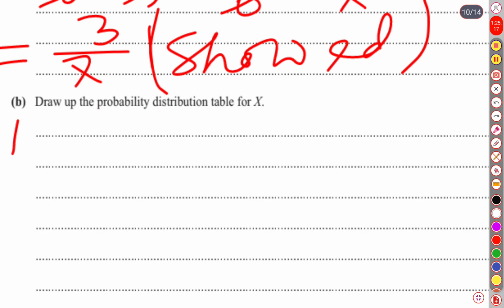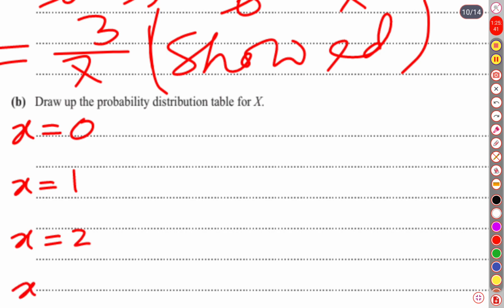It may be when x is 0, that means as we are picking up 4 times, suppose we are not receiving any blue marbles, or we may receive only one blue marble, or we may receive two blue marbles, or we may receive three blue marbles.